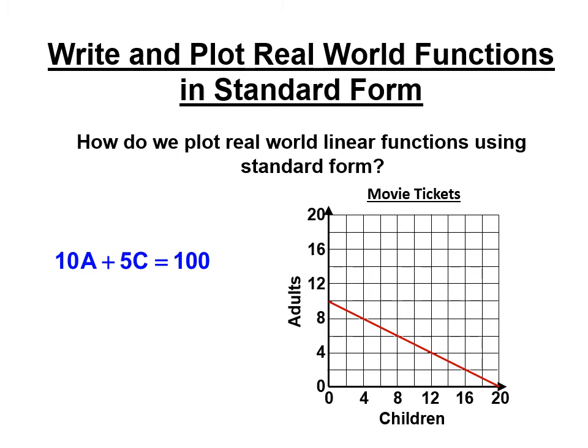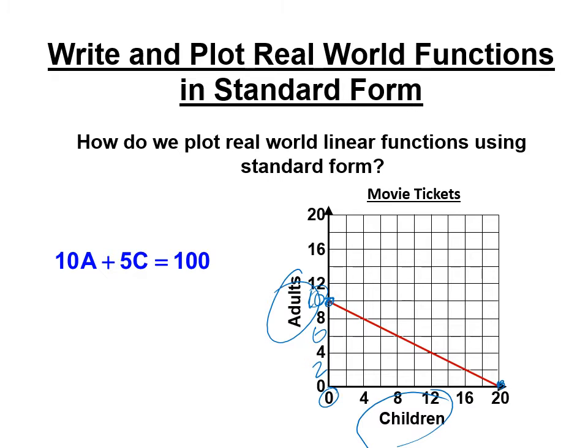All right, so now we're going to apply the real world. Now notice, there are no arrows on the ends here because negatives don't really make sense. This is a graph of adults and children. There was a mixture of adults and children who bought movie tickets. Right there, 0 children bought movie tickets, and 10 adults bought movie tickets.